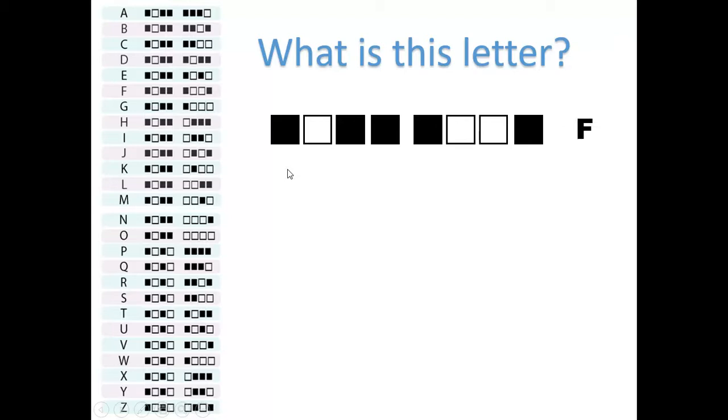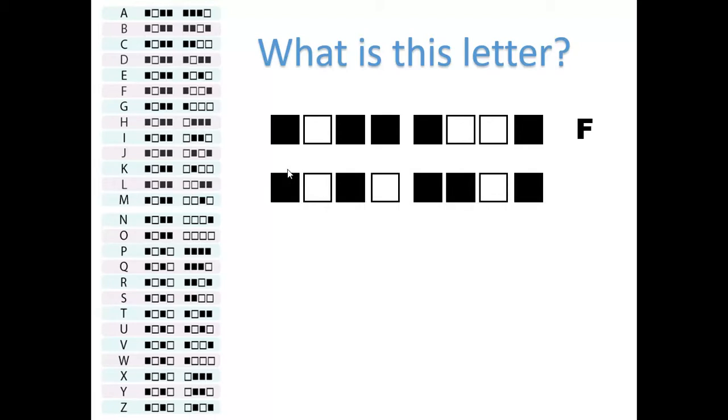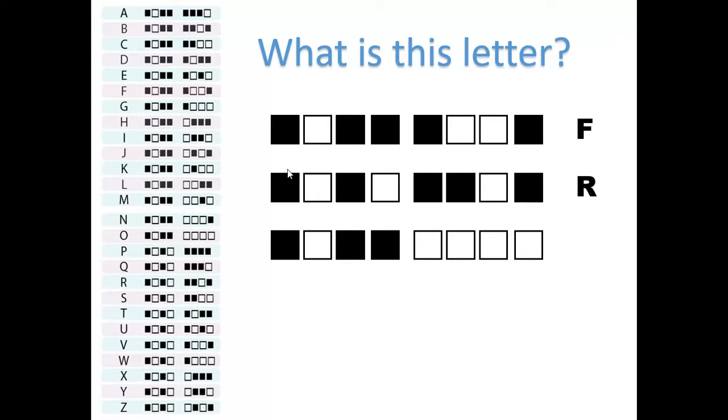All right, now that you understand, let's try some other ones. What would this letter be? Well, if I look at the first half of my byte, I can see that it matches in the P through Z section. So now I'm going to look at the second half and see which one fully matches. It's the letter R. What about this one?